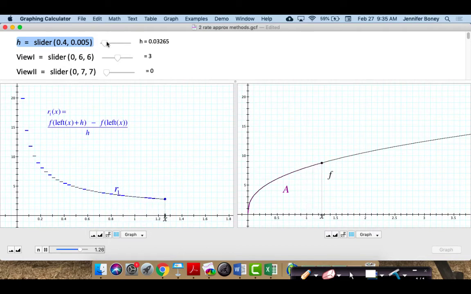So when I make h, this is the name of my slider up here, but it's our delta x, our interval width, incredibly small, these start to form this pattern where I can imagine a curve that connects them all. Now here's the problem.